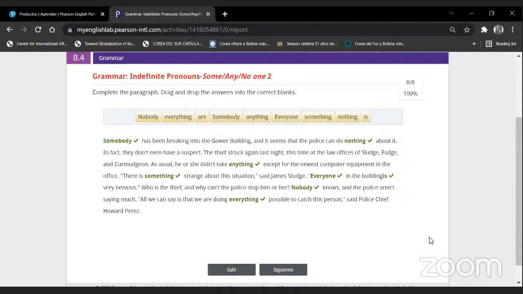And everybody, like in general, todos en general. Okay, that is the only thing. Any other question maybe, Gabby? No, it's the only thing that I have doubt.